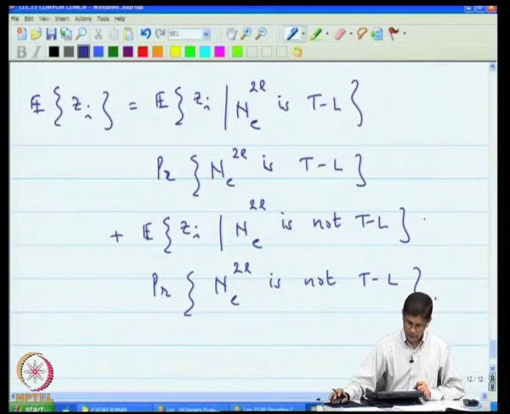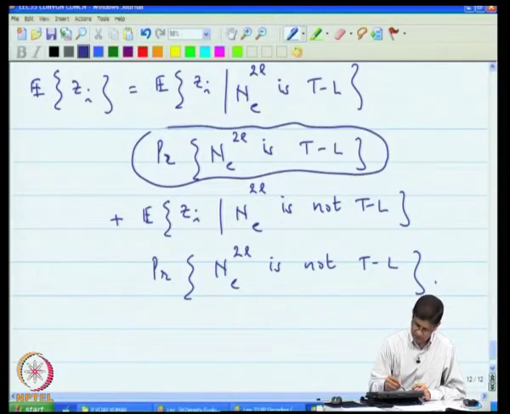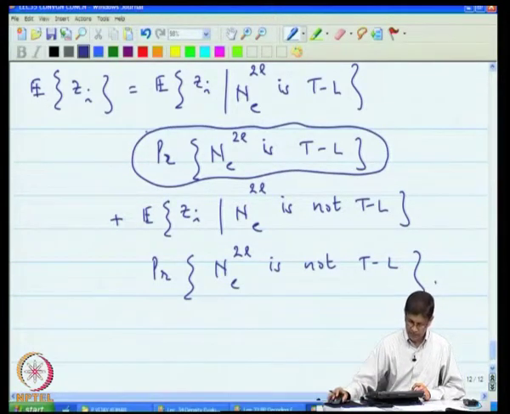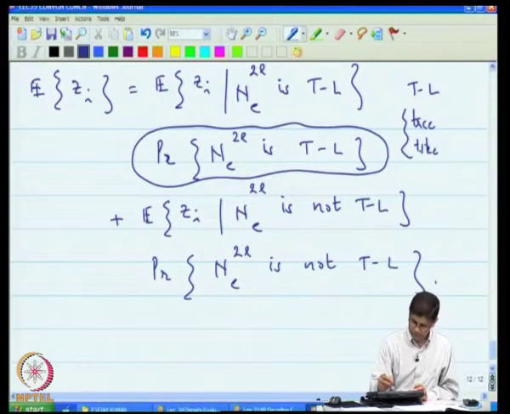Now, it turns out, as far as this particular quantity is concerned, when n is large, TL is tree like. Okay.